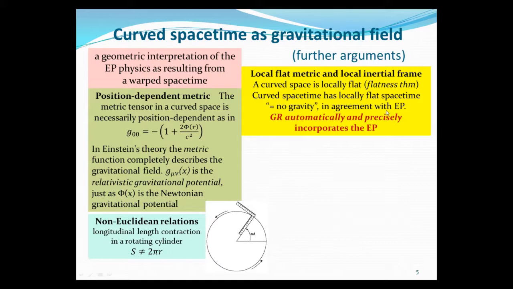This is the equivalence principle, in which you can always go locally to a free-fall frame in which gravity is transformed away. So therefore, GR automatically and precisely incorporates the equivalence principle through the flatness theorem.